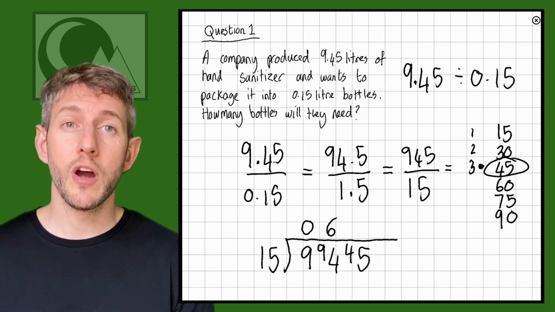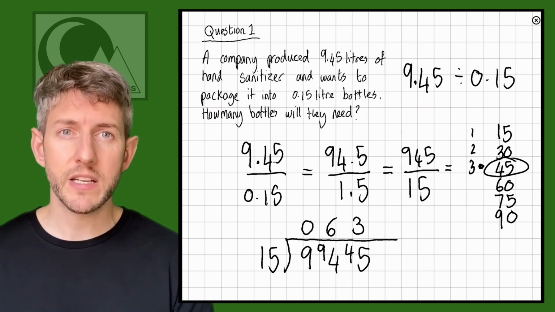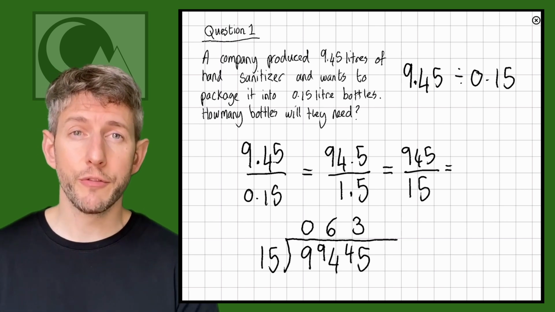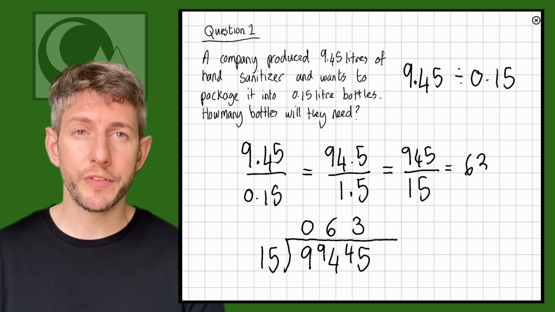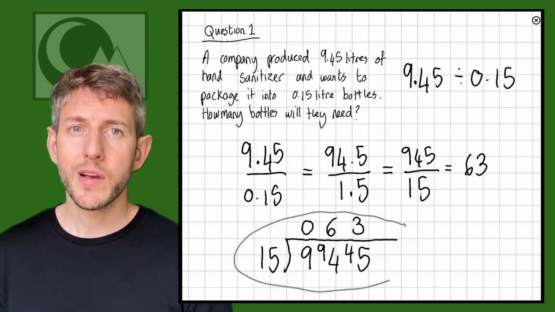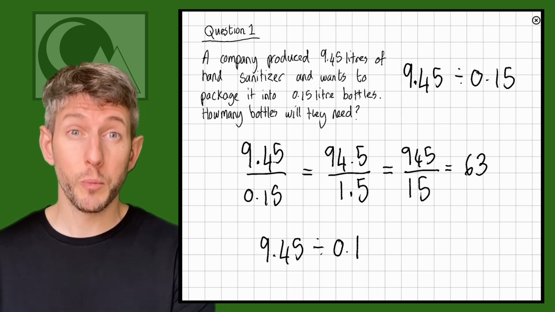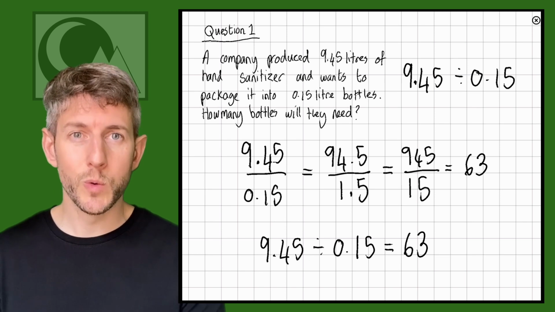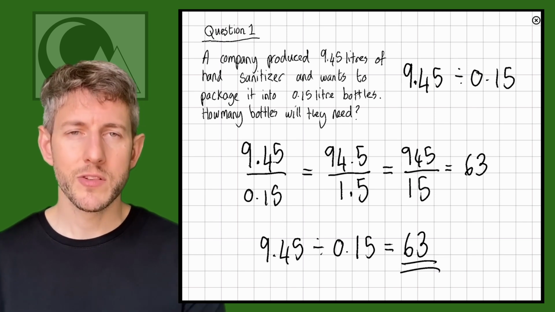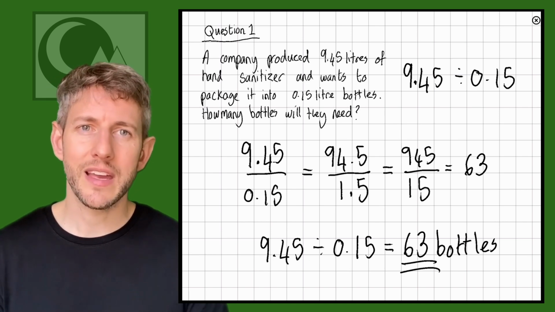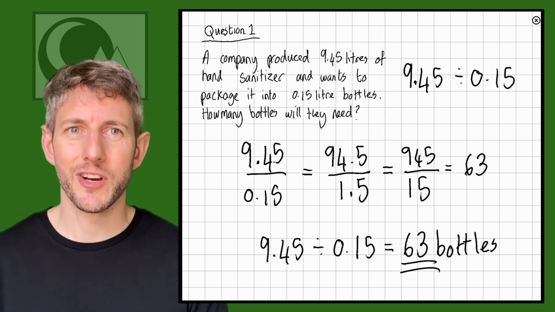So I'll put a 3 up there. And now I can see that 945 divided by 15 is 63. So that means 9.45 divided by 0.15 is also 63. So therefore we need 63 bottles for the company so that they can distribute their hand sanitizer.